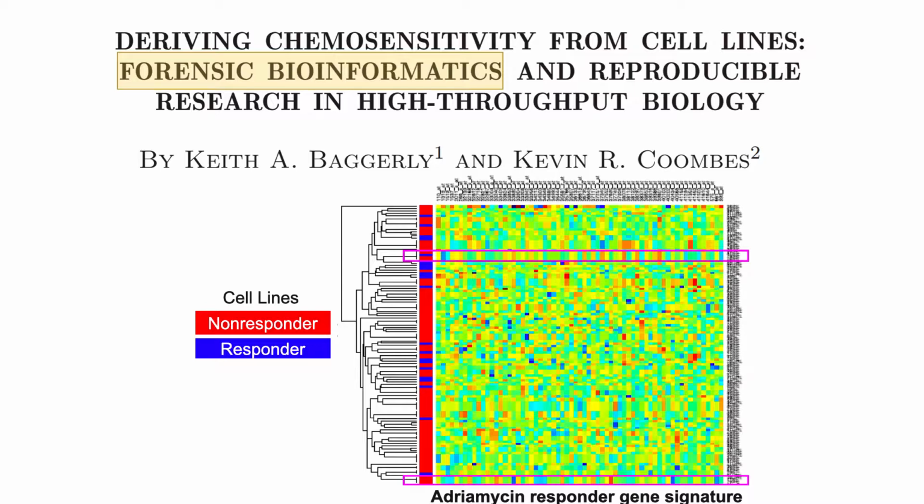This is a figure from their paper in these purple boxes. And what they're showing you here is actually samples from this microarray that have the exact same gene expression. Okay, so this is duplicated data that went into creating this gene signature, right? That is not something that you're allowed to do. But even more so, we have a problem here, right?